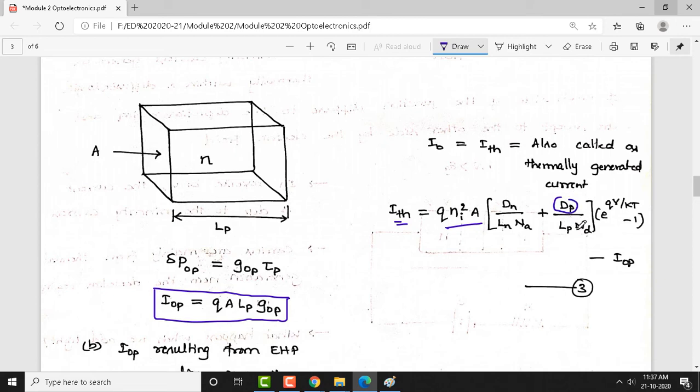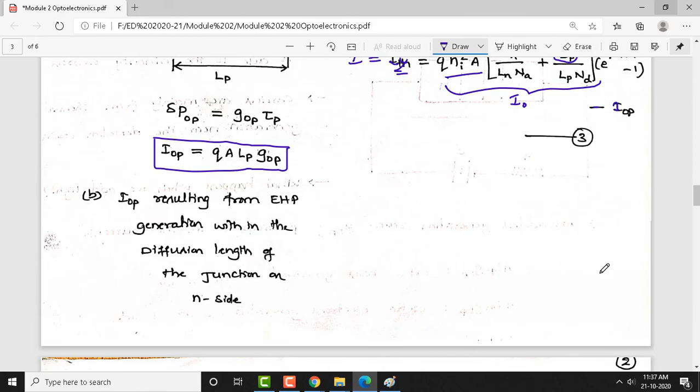This total is I naught. That is subtracted with the optical generation current, which gives you the total current. In fact, this is not ITH, this is going to be the total current I, which is equal to the reverse saturation current times this factor minus IOP. So, that is equation 3 here.